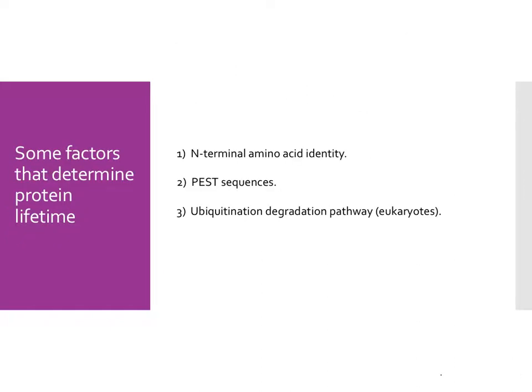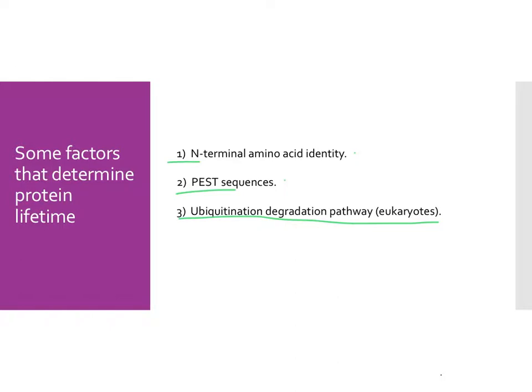One of them is the N-terminal sequence identity. One is a PEST sequence, and the third one, where we're going to be spending most of our time, is the pathway of degradation if the protein has been tagged with this other protein called ubiquitin. But first, let's briefly recall N-terminal amino acid sequence identity and PEST sequences.